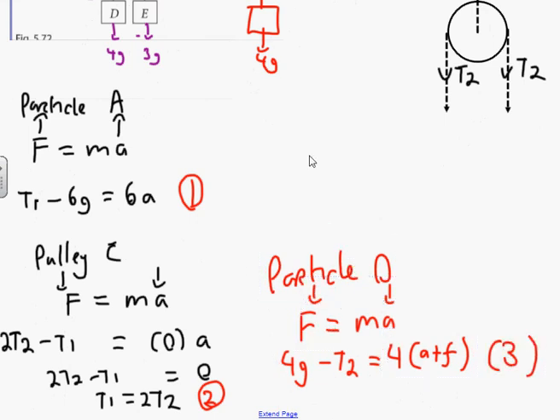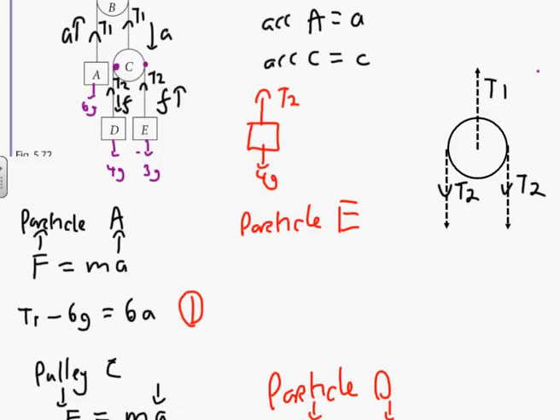Now, we're on to equation 4, particle E. So guys, particle E, anybody? F equals ma. Now, which way are we saying particle E is going? It's debatable, isn't it?